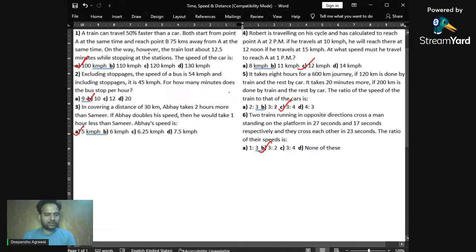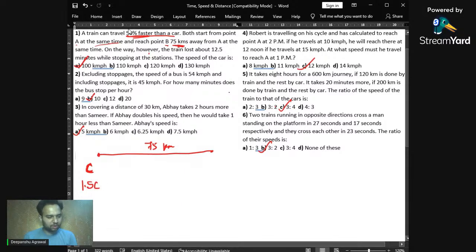Okay, so question number one says a train can travel 50% faster than a car. Both start from point A at the same time and reach point B, 75 kilometers away from point A. So if the speed of the car is c kilometers per hour, then the speed of the train would be 50% more than the car, so that would be 1.5 times c.